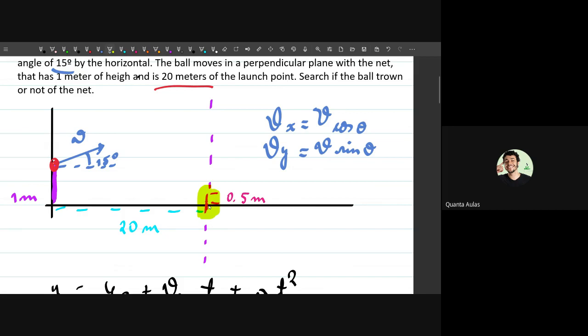For now, we just use the y equation. We can use the x equation, right?